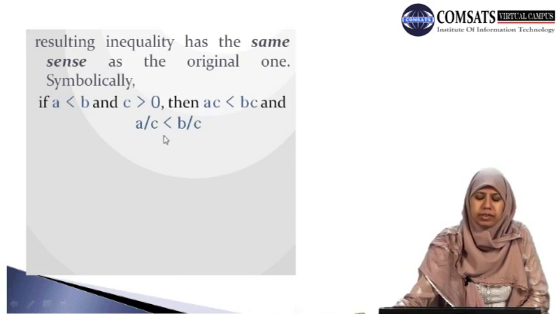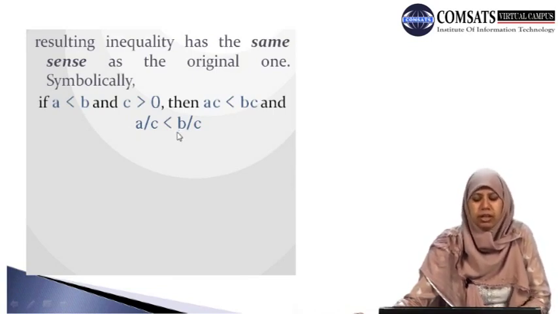And in the same sense, if we divide by the positive number c, then a over c will always be less than b over c. We use this rule as well many times in solving our inequalities.